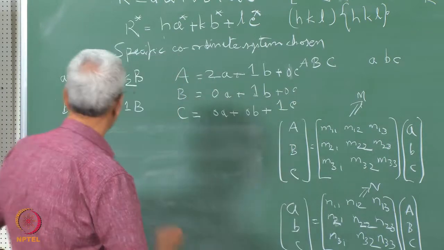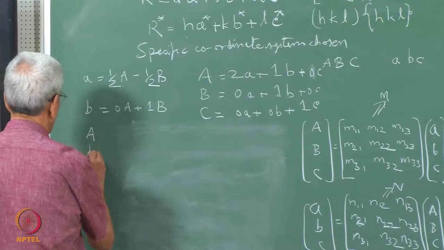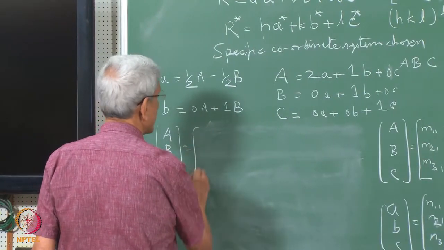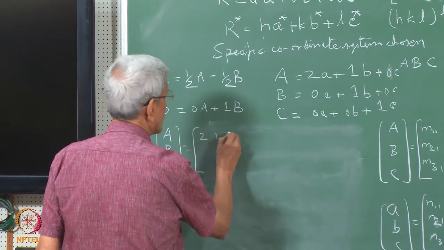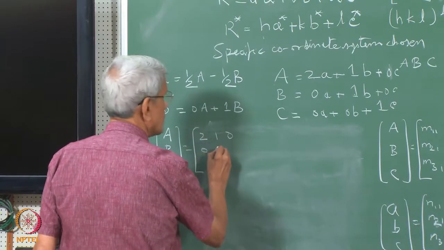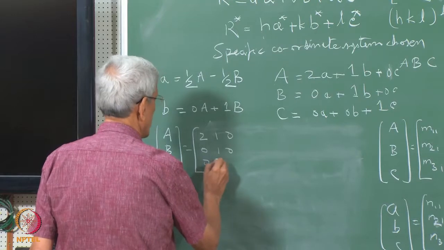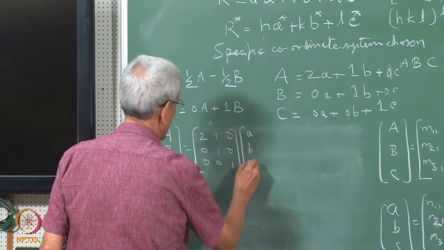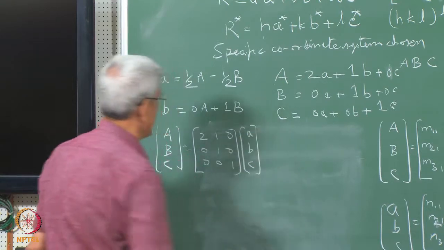So now this matrix, if we look at it, A, B, C will turn out to be 2, 1, 0, 0, 1, 0, 0, 0, 1 into A, B, C, correct.